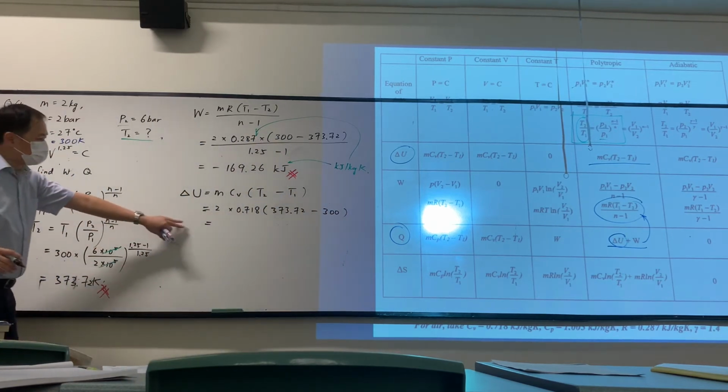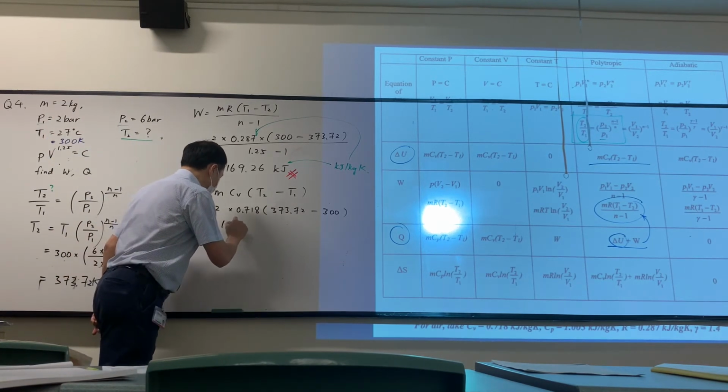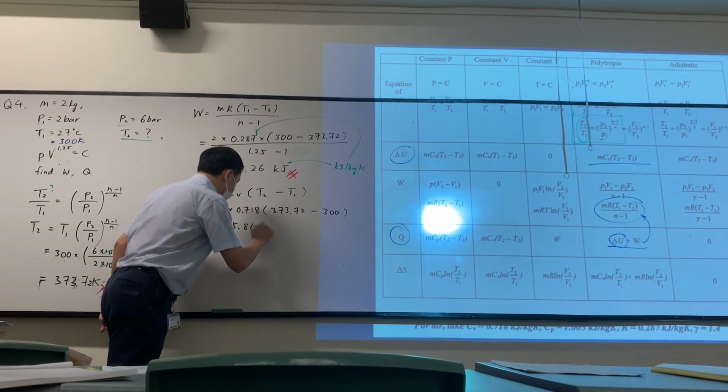So calculate this value: 105.86 kilojoule. Very good.